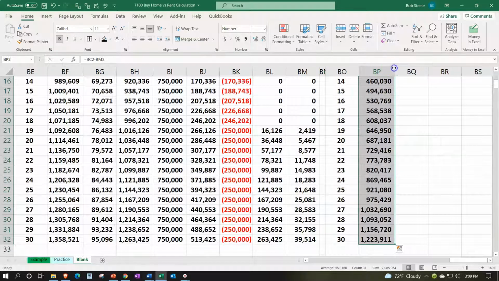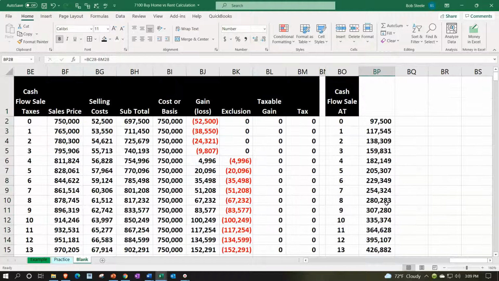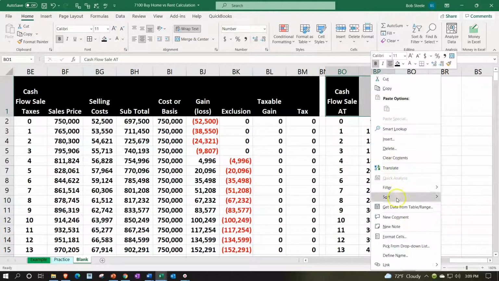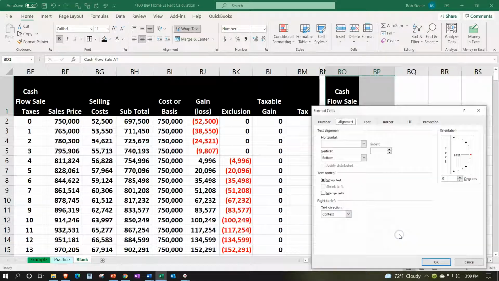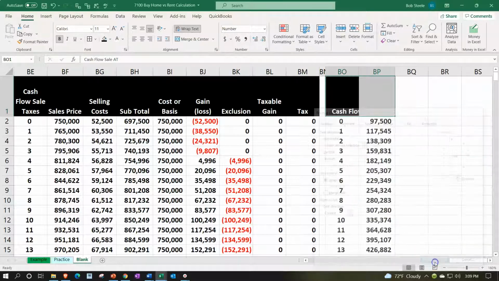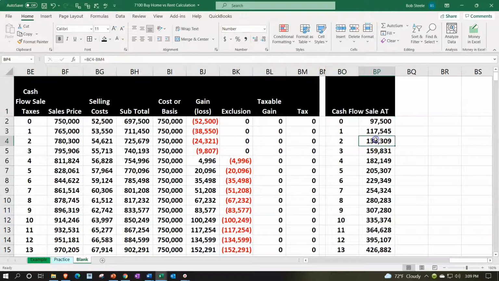Let's widen this out a bit. So there we have our cash flow after the taxes. Let's spread this across between the two cells. Right click on it, I'm going to say format, and let's say horizontal and center across, and say okay, making this black and white. So there we have that.